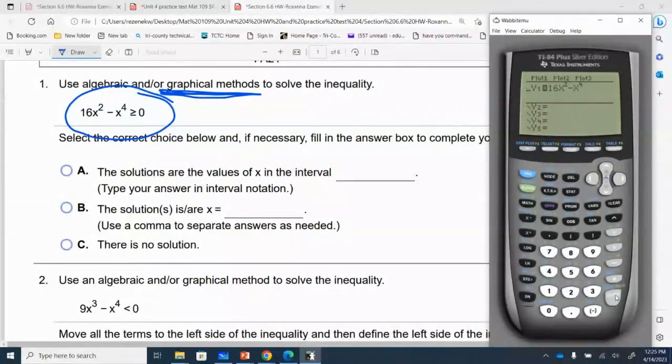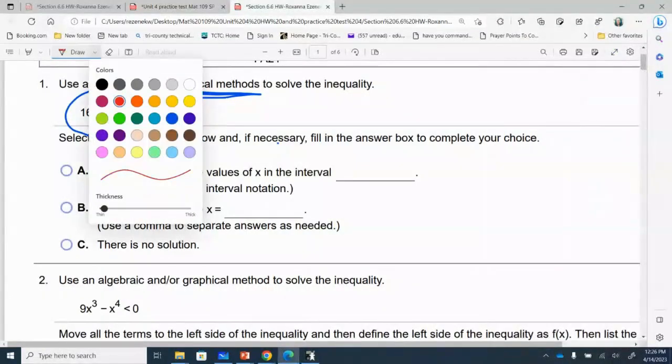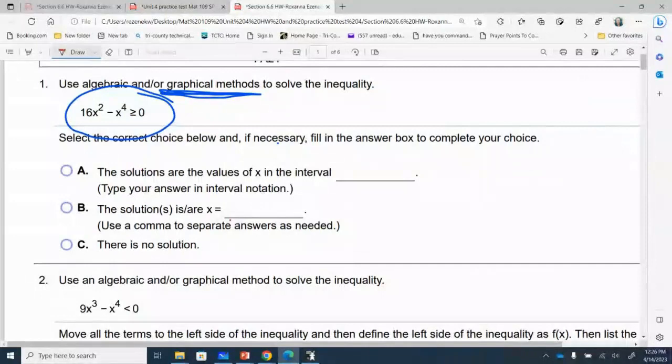I would let you know why I should use the triangle pointing down. Note that this function is written on the left-hand side. Left-hand side is greater than or equal to 0, and 0 is on the right-hand side.